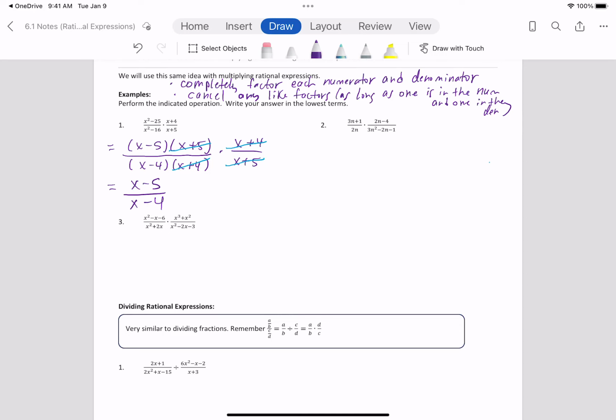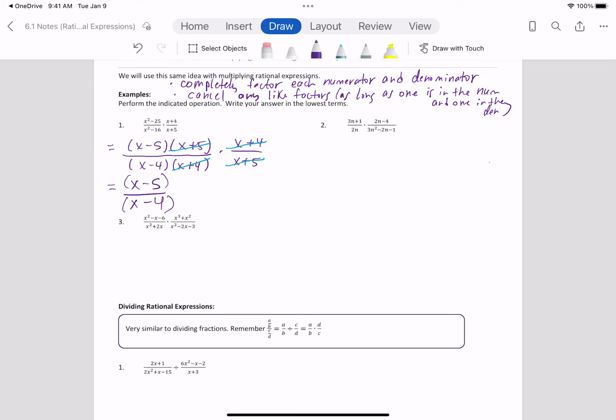And this is my lowest terms reduced answer. That we cannot simplify the x's there, as we talked about on the first page, because that x minus 5, if you wanted to look at it, is one term, and x minus 4 is one term. So that is my lowest terms.